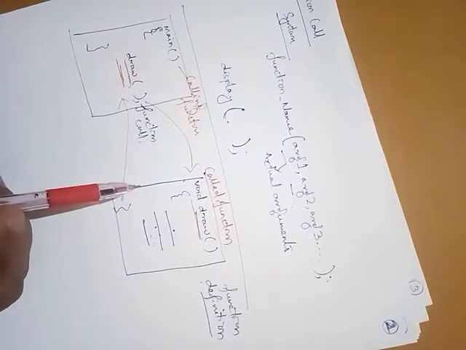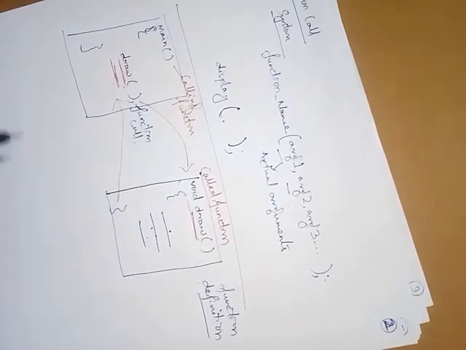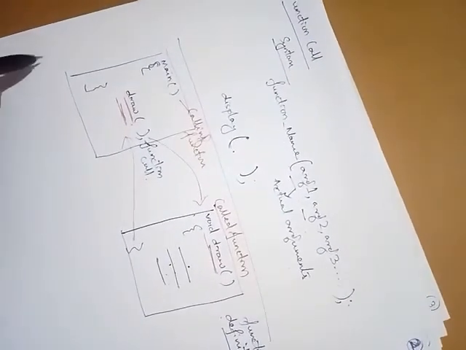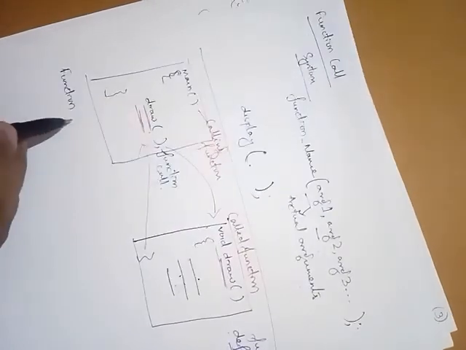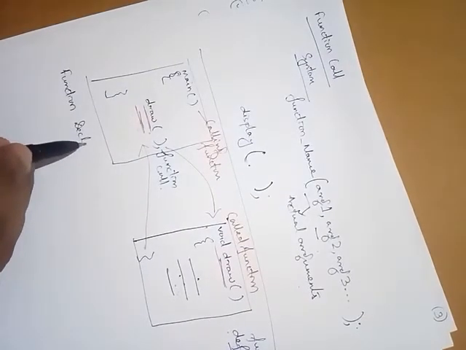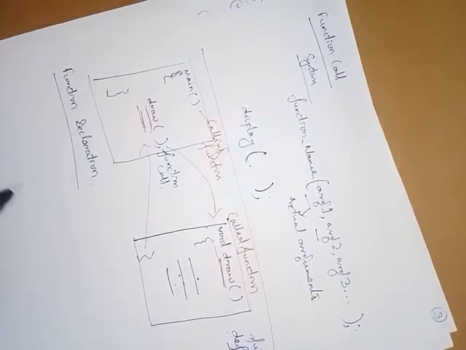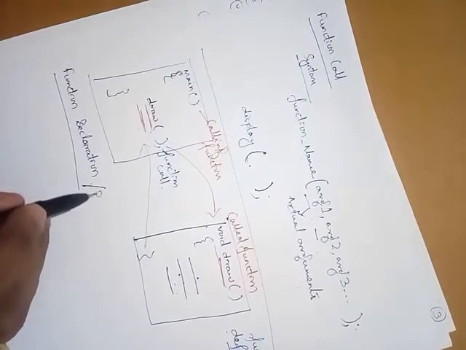Okay, the next is function declaration part. We have already discussed function definition and function call. The next part is function declaration part. This is also known as the function prototype.